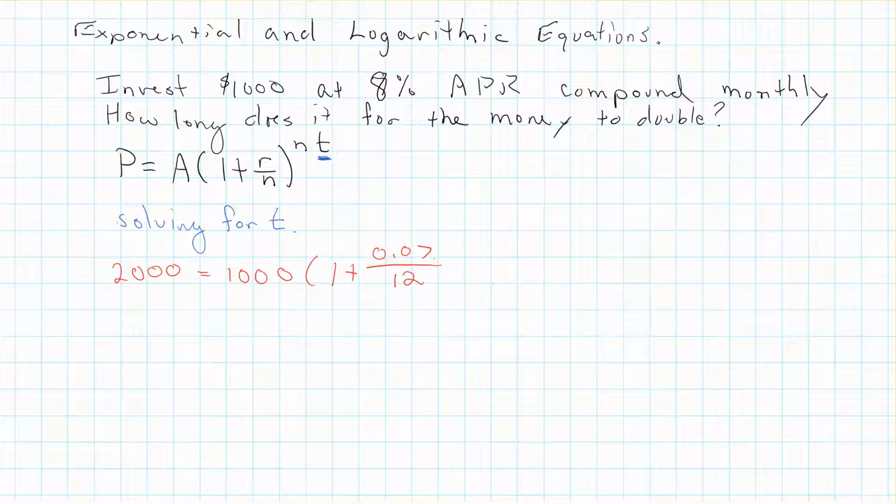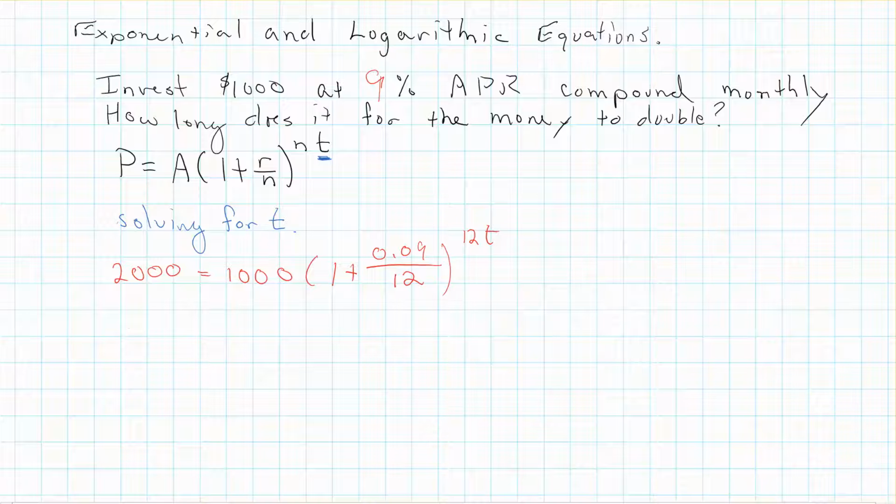So let's change this to 9%. The only reason I'm doing that is it doesn't change any of the way we're going to solve the problem. It just makes the numbers a little bit nicer, so that there are not as big of decimal numbers that we have to deal with. That's the only reason I did that. And then of course n is still 12, so this would be 12t.